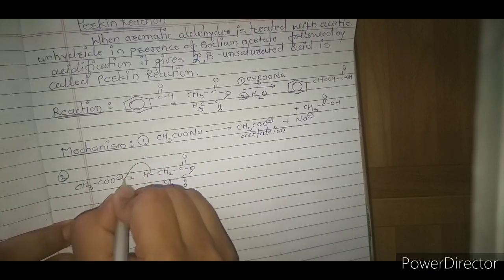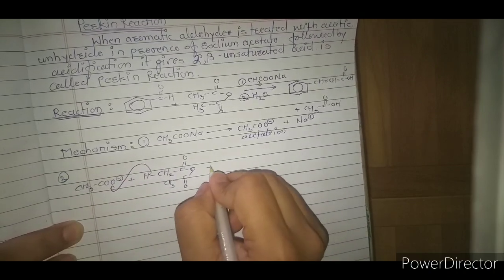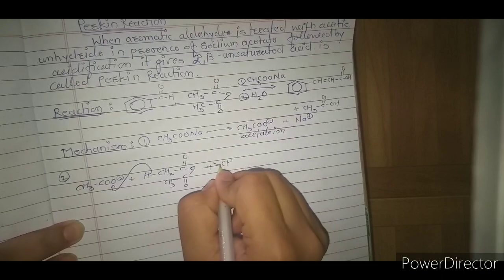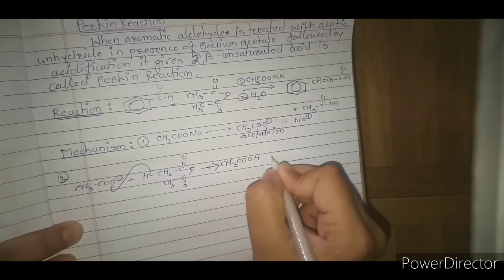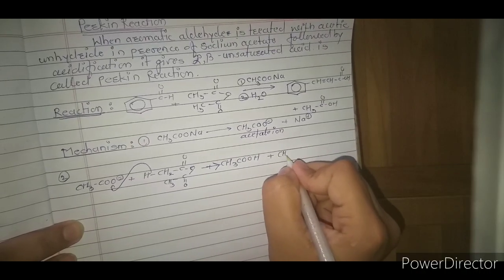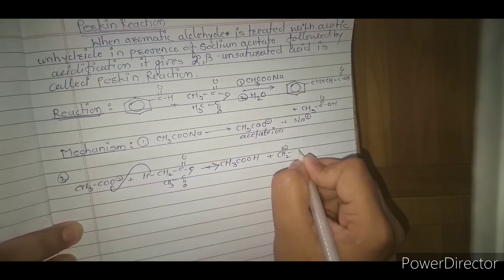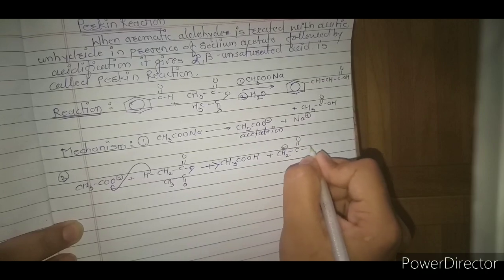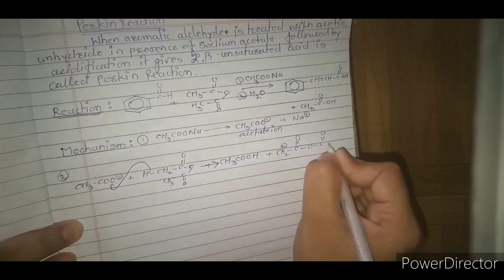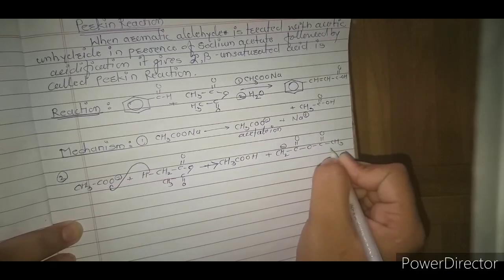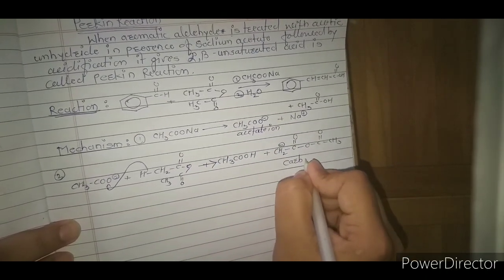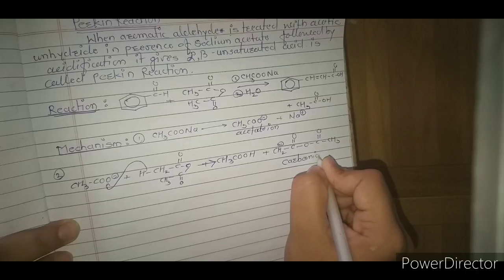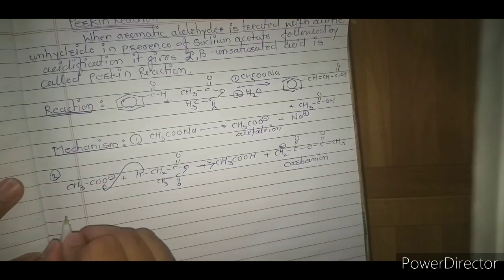So its proton goes here and forms acetic acid. Okay, and this is your carbanion. Okay.